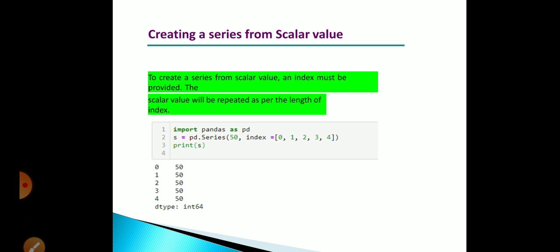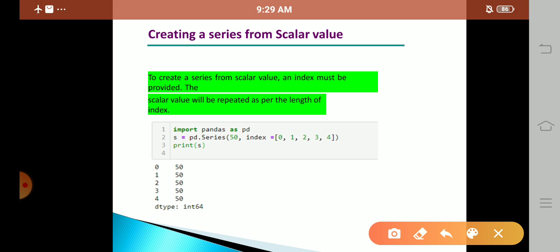And a dynamic value means the values can be changed. So pd.Series(50), since it is a scalar value, my value is 50. It won't be changed. And I want to give the index from 0 to 4. You can see I have given the index as 0, 1, 2, 3, 4. You can give your own values also.